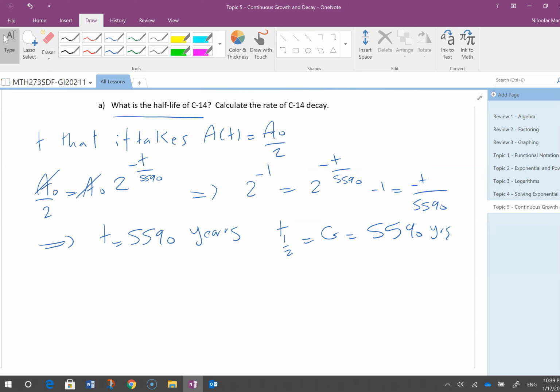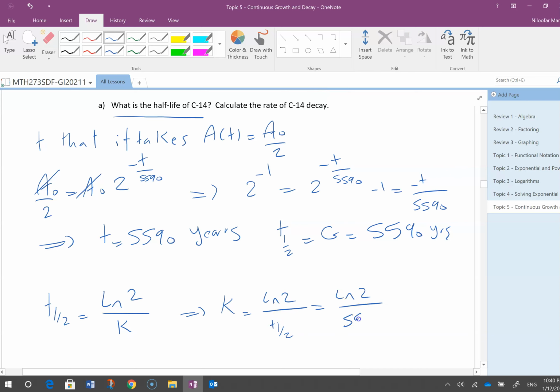So remember, half-life is ln 2 divided by K. So now you can find K here. K is ln 2 divided by T of that, so ln 2 divided by 5590.